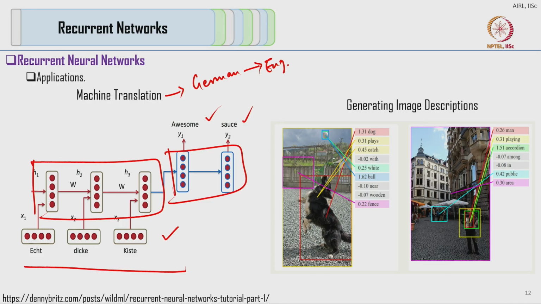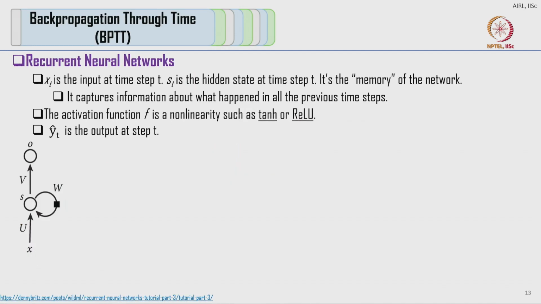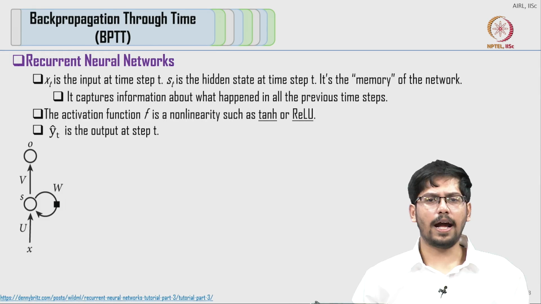This could also be done in an image context, where we pass in an image and it has to generate descriptions for each of the objects in the image. So the RNN structure, which works with various hidden states, could be used across a lot of different applications. That could be for prediction of sentences, for machine translation, as well as for sophisticated tasks like image generation.